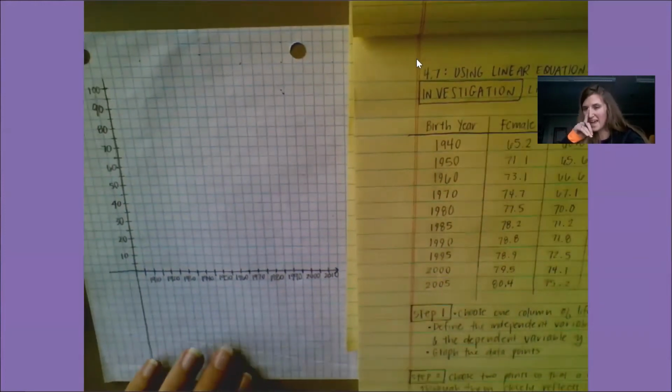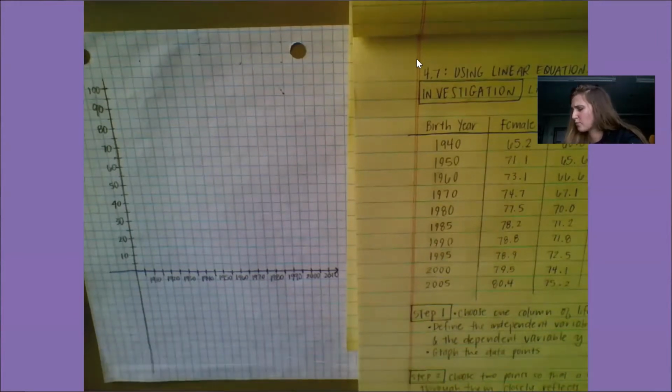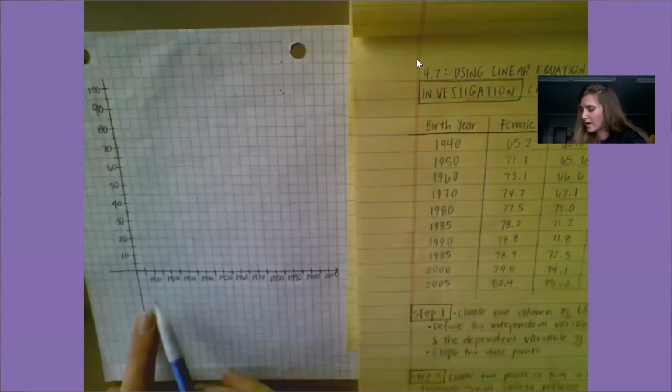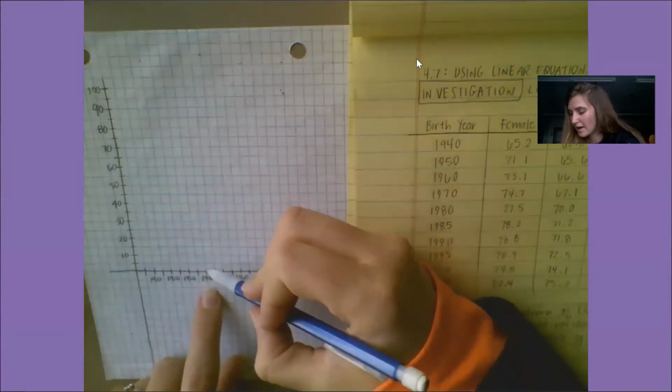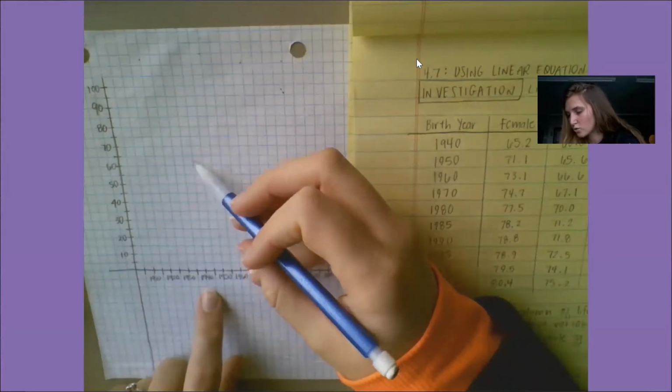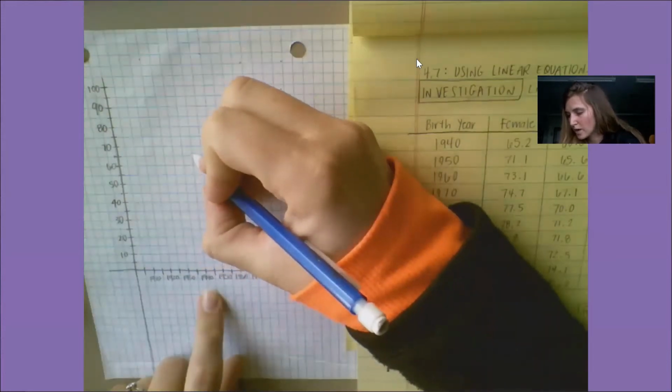Okay, now we can start plotting these points. I'm looking at birth year 1940, that's right here. The female life expectancy rate is 65.2, so that's right around there.